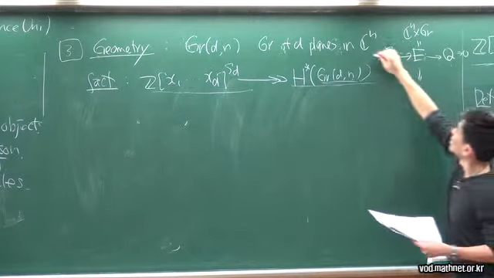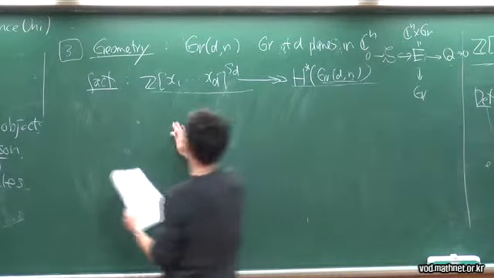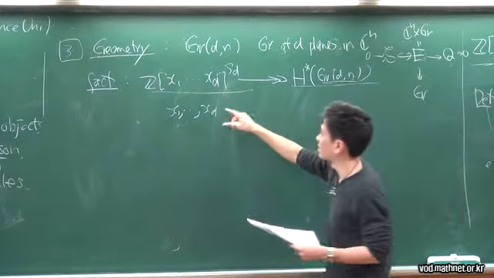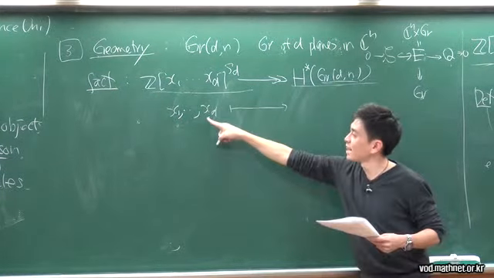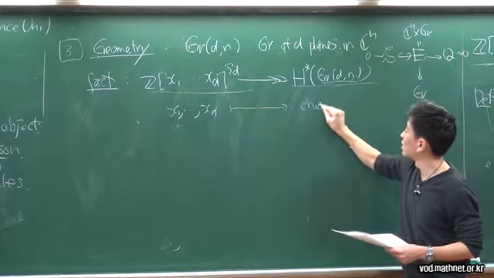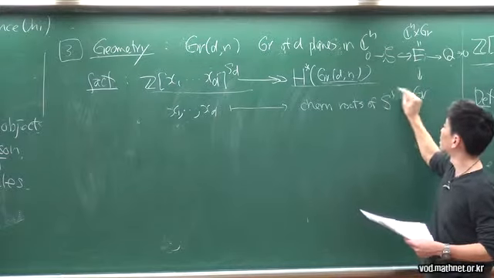This sequence we usually call the tautological sequence. It depends on convention, but you can think of x1 through xn, those parameters, as the Chern roots of S dual.